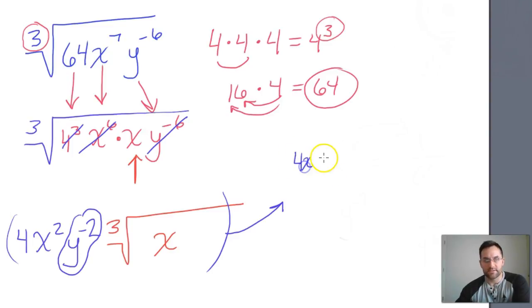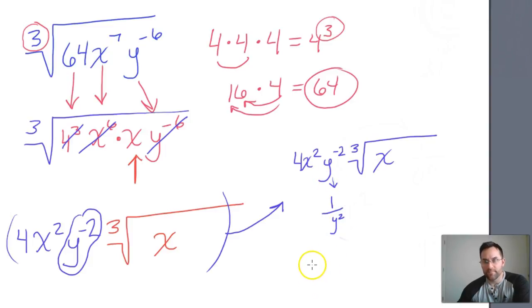So we have 4x squared times, okay. Now we just talked about the rules for exponent when we have a negative exponent, right? So this is 1 over y to the second, right? Right there, right? Now we can write 4x squared as a fraction as well. 4x squared over 1. Now remember, this is multiplication right here, right?